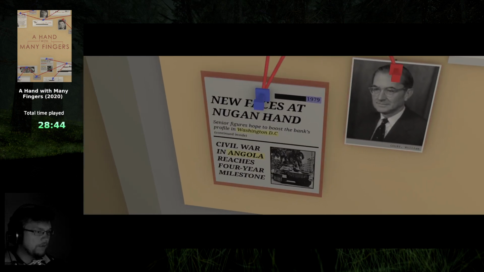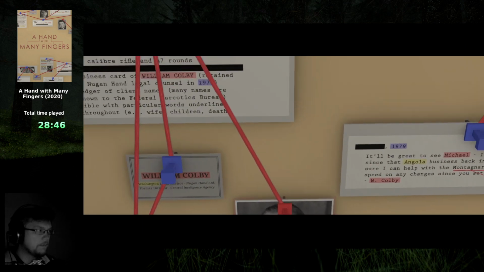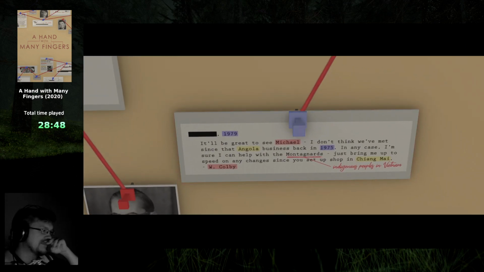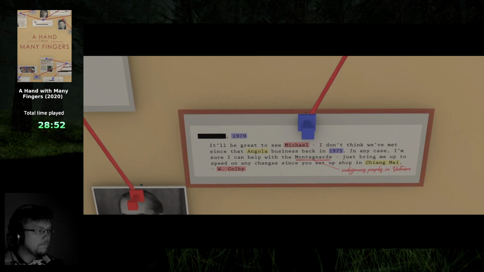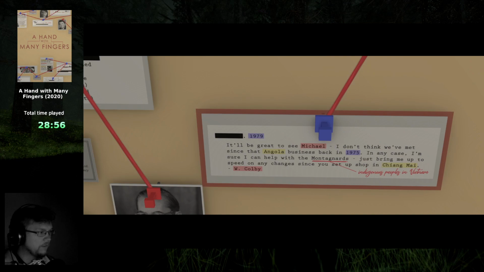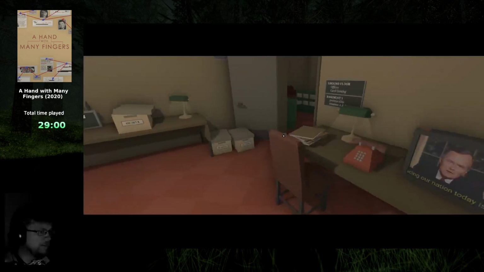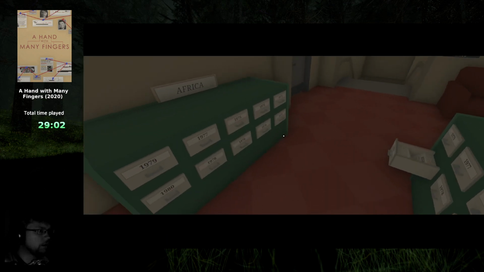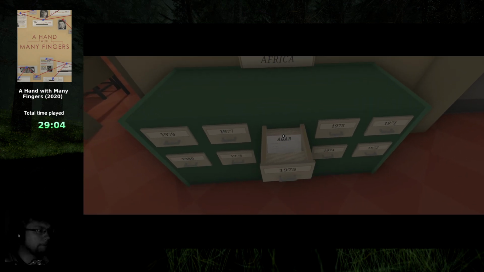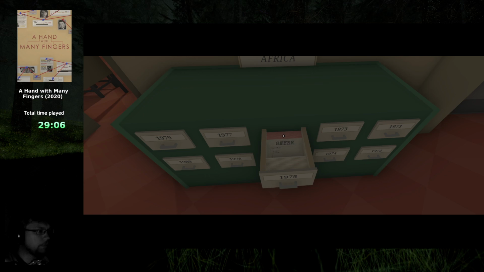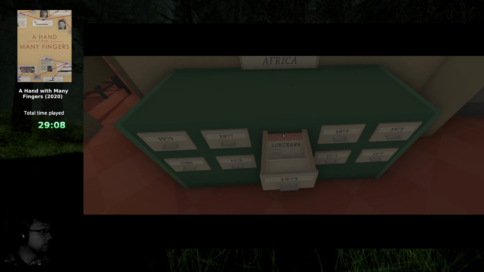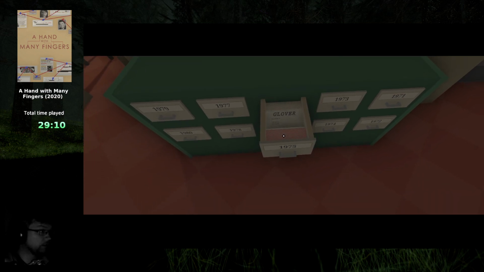Colby seems to have been a bit of a dead end. Let's find out what Colby did in Angola. 75. Colby, Africa, 75. Actually, more interesting is what Hand did in 75 over there.